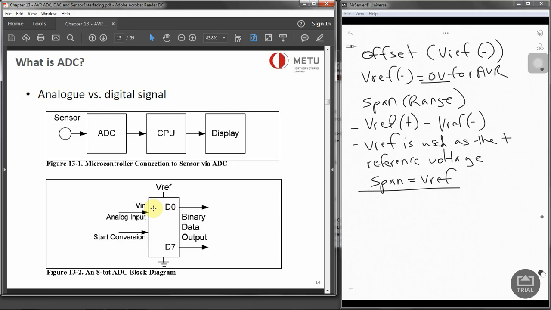So the ADC has an n-bit resolution, where n can be 8, 10, 12 or 16 bits, or even 24 bits. A higher resolution provides a smaller step size, where the step size is the smallest change that can be discerned by an ADC.